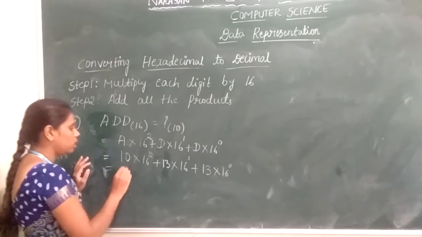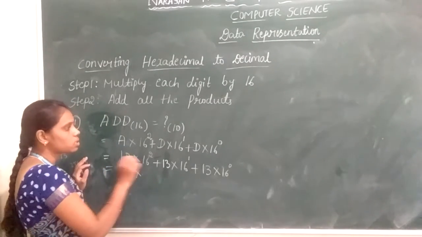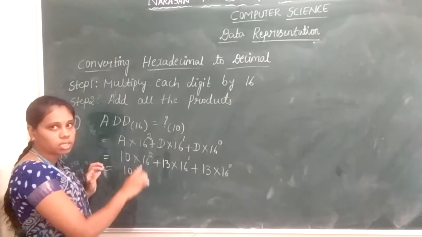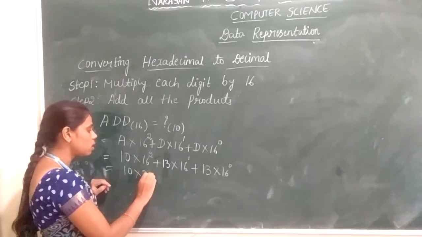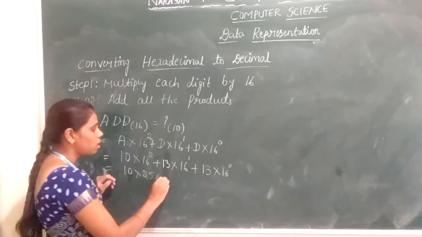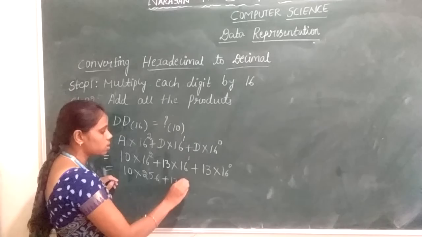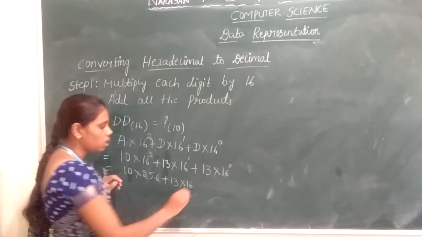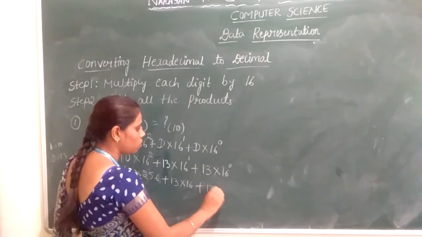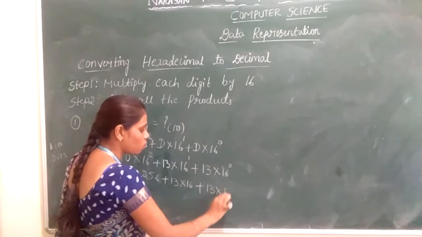Now 10 into 16 square. 16 square is nothing but 16 into 16, that is 256, plus 11 into 16 power 1 is 16, plus 13 into 16 power 0 is 1.